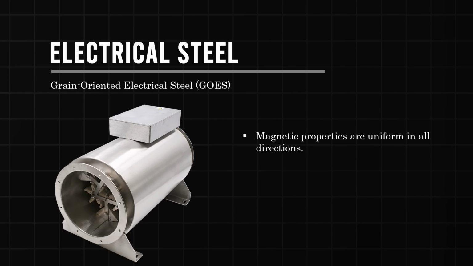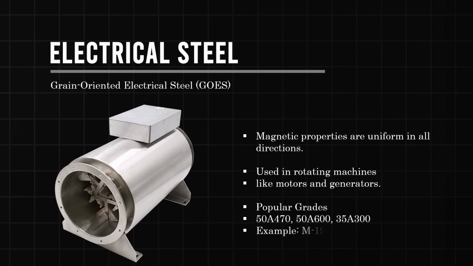Magnetic properties are uniform in all directions, used in rotating machines like motors and generators. And these are the popular grades. For example, M19 is widely used in motors. Electrical steels are made in thin sheets, or laminated, and can be stacked.